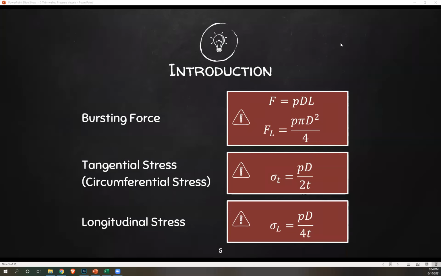We also found out that sigma T, or tangential stress, is more critical. Therefore, this is the equation or stress that we'll use whenever we're looking for dimensions or maximum force and the like. Okay, so to better understand these equations, let's have a few examples.